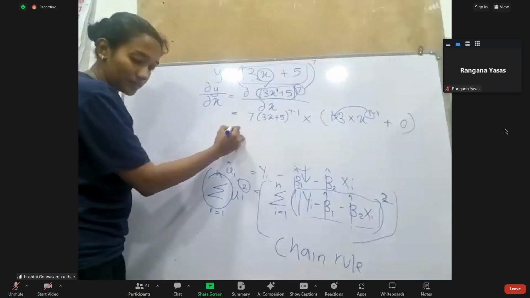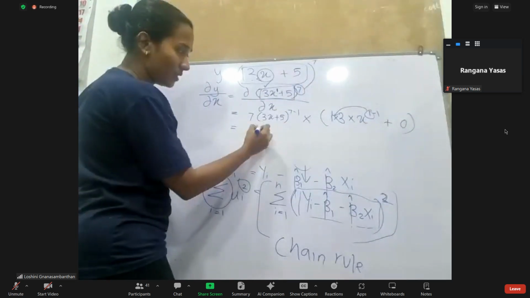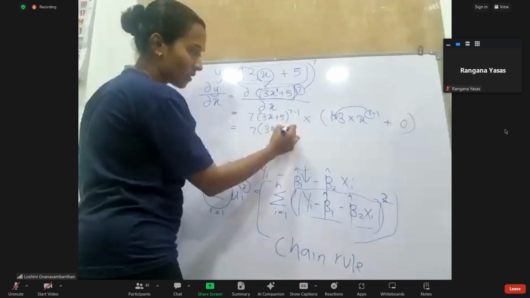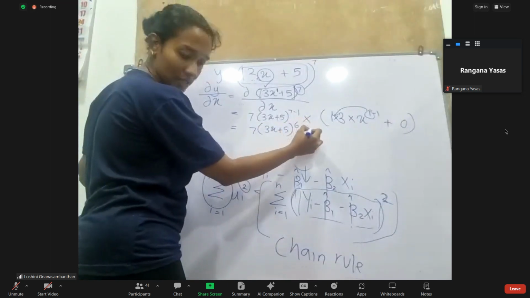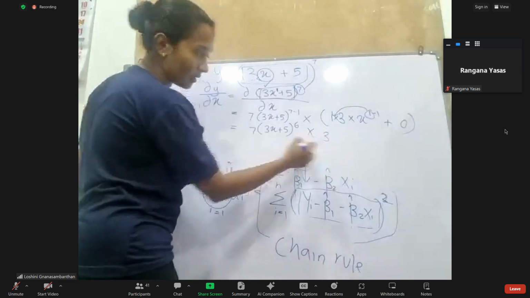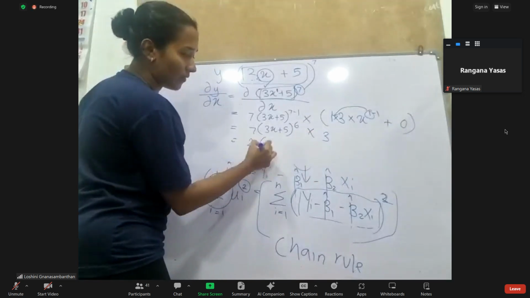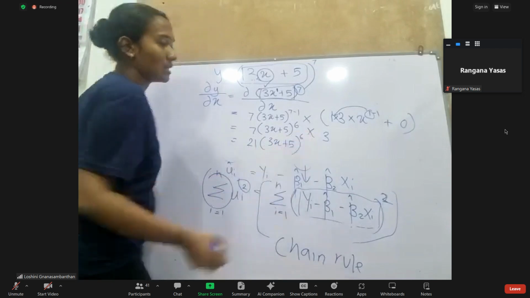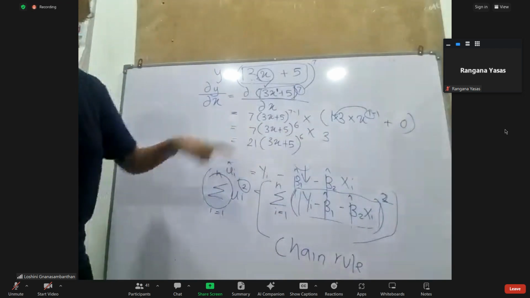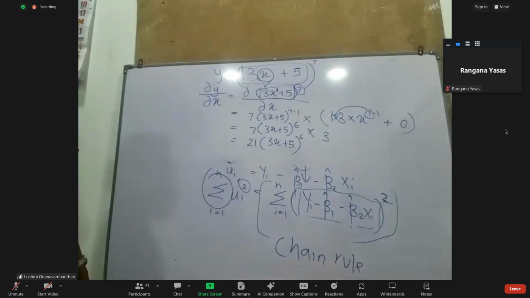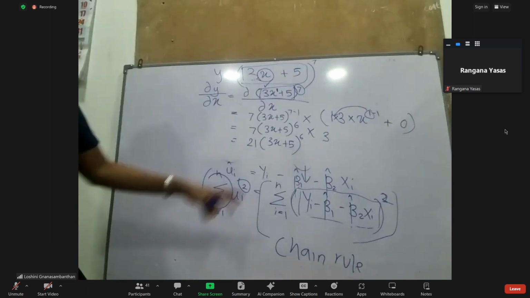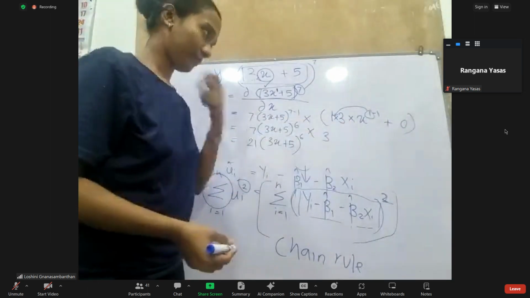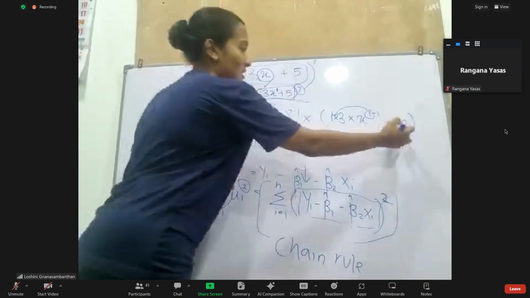Now what's the result? 7 (3x plus 5) to the power 6 into 3. Then 21 (3x plus 5) to the power 6. 3 into, sorry. So how did this keep this 0?